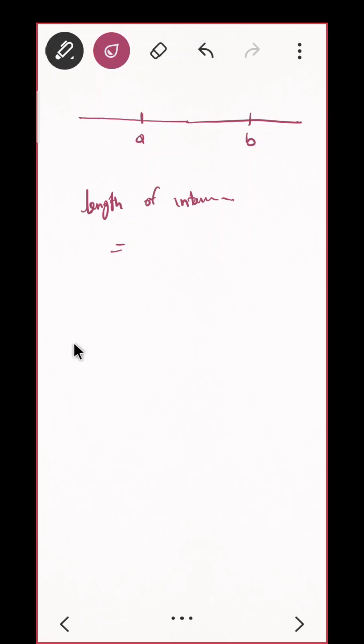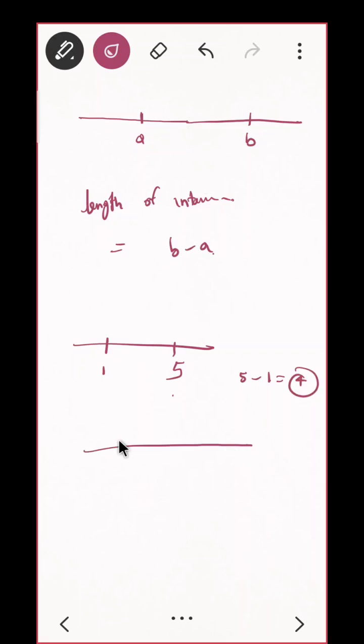If you are not understanding, you can take an example. Suppose 1 is here, 2 is here. What is the length between 1 and 2? Or I will say, yeah, perfect. How did you do that? Okay, here it is 5 minus 1, correct? That is 4. And here you are saying that it is b minus a. Perfect.